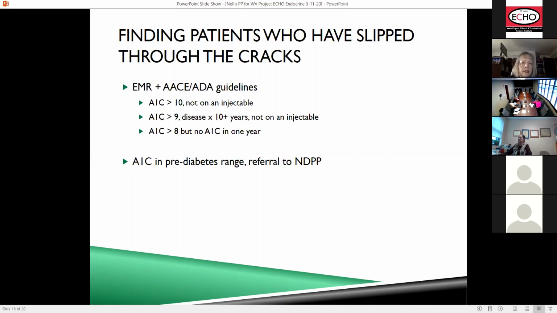Or A1C greater than 9, had diabetes 10 plus years, that are not on an injectable. Or maybe there's other ways you could do this any way you wanted to.